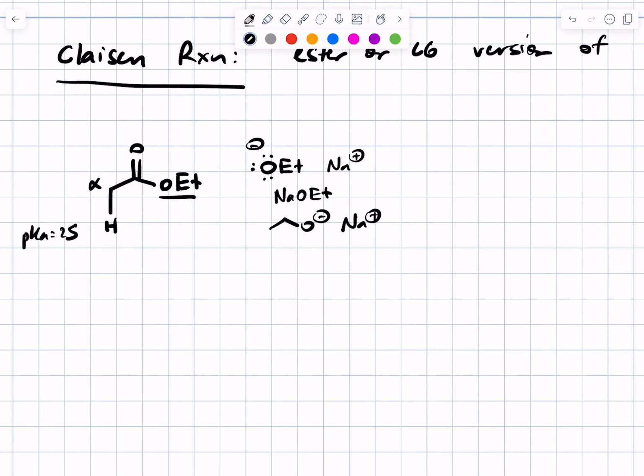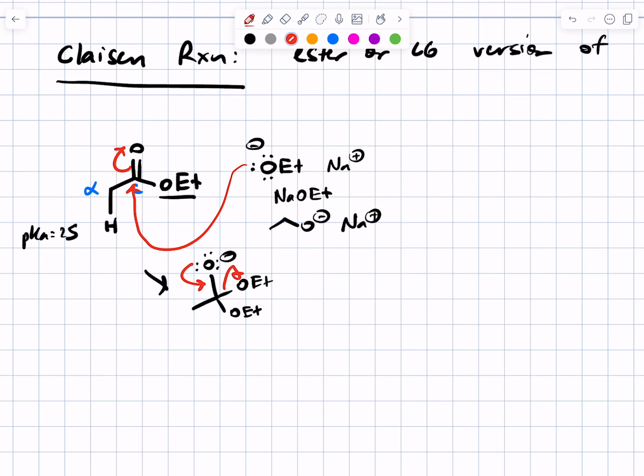Sodium is just the counter ion. Then instead of removing the alpha proton, if my base attacks the carbonyl carbon, who cares? Doesn't matter. You can't even tell, because electrons kick down and kick off an ethoxy group, and you're left with the starting material.